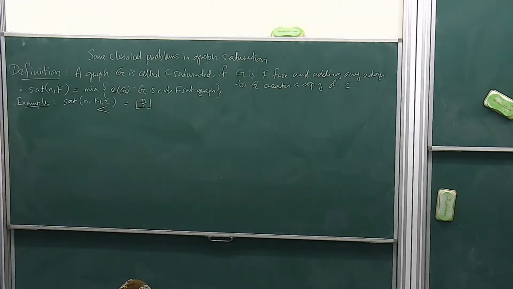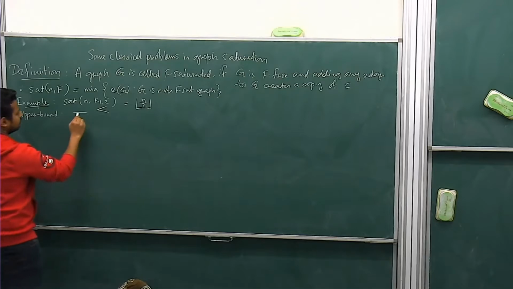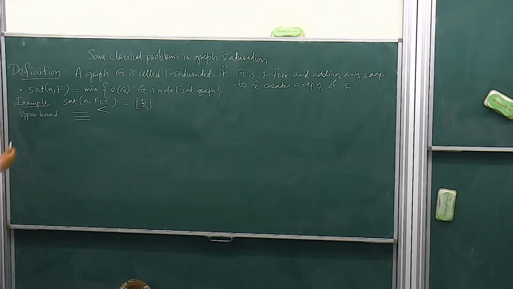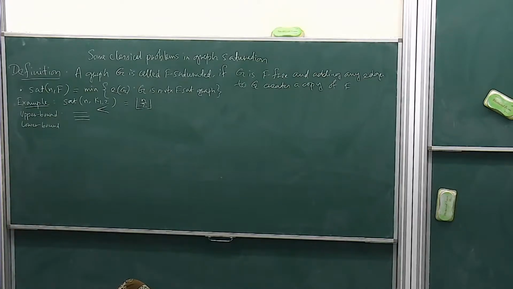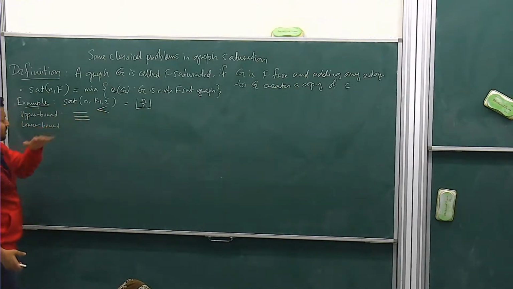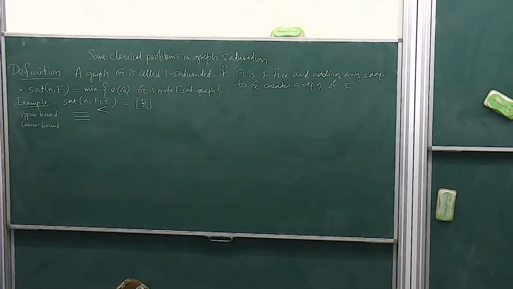I'm saying this because it is easier to later see how to obtain upper bounds and lower bounds. The upper bound generally comes from construction for saturation numbers. You can see if you take a perfect matching that achieves this number. To prove a lower bound you need to show that for all n vertex F saturated graphs, the number of edges in your graph is at least this.